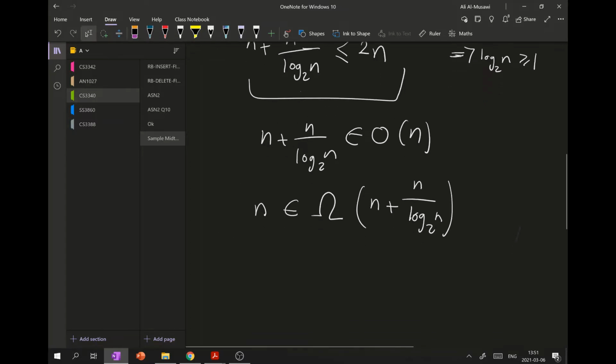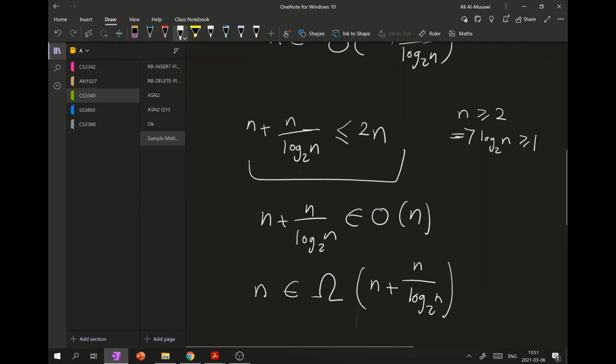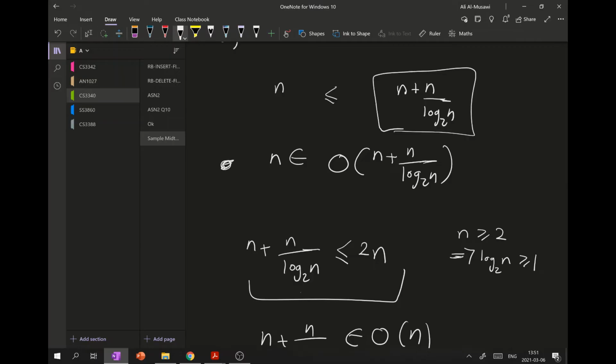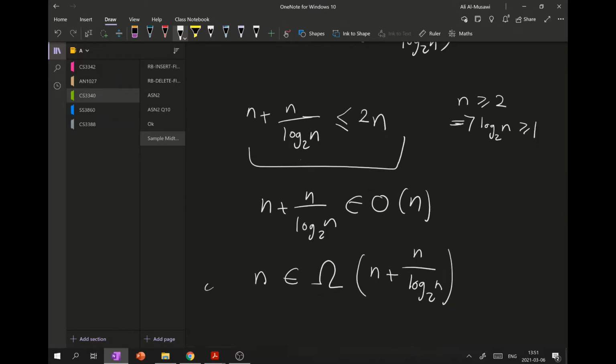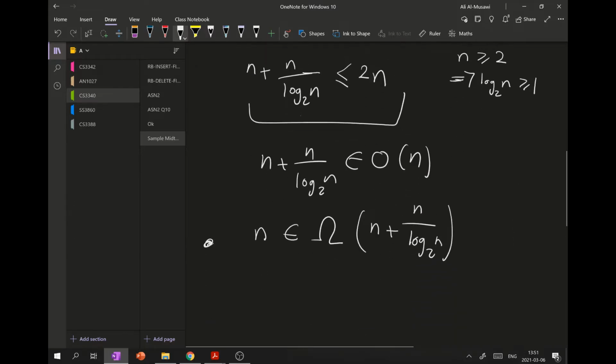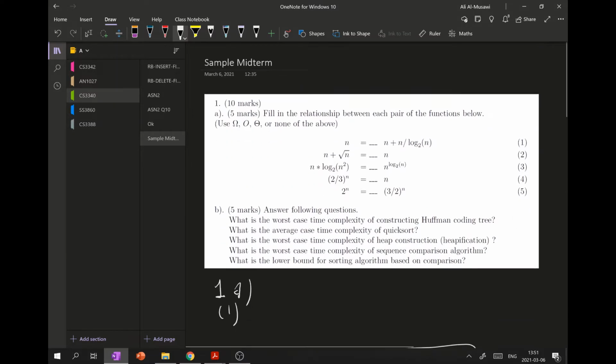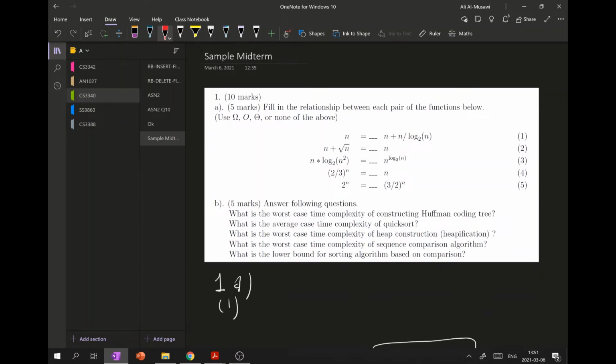By definition of big theta, we have already proven this part, then this part. So n is big O of something and n is big omega of something, and the combination of those two implies that n is in big theta of n plus n over log 2n. This would be the answer for the first question. So this is big theta.